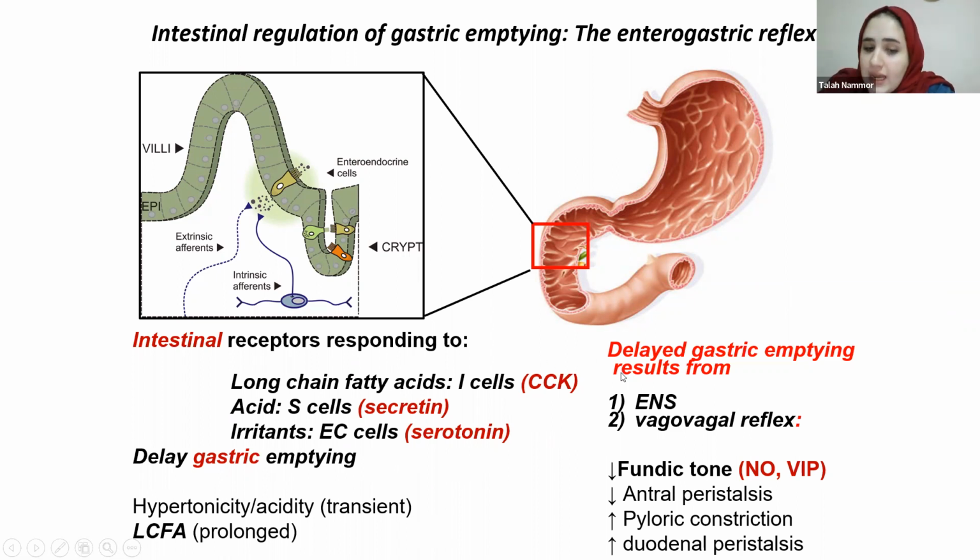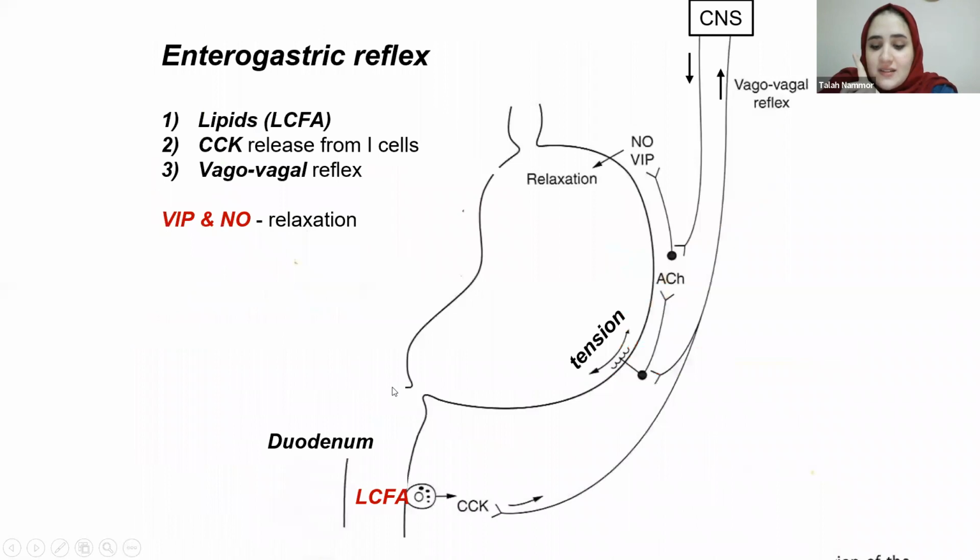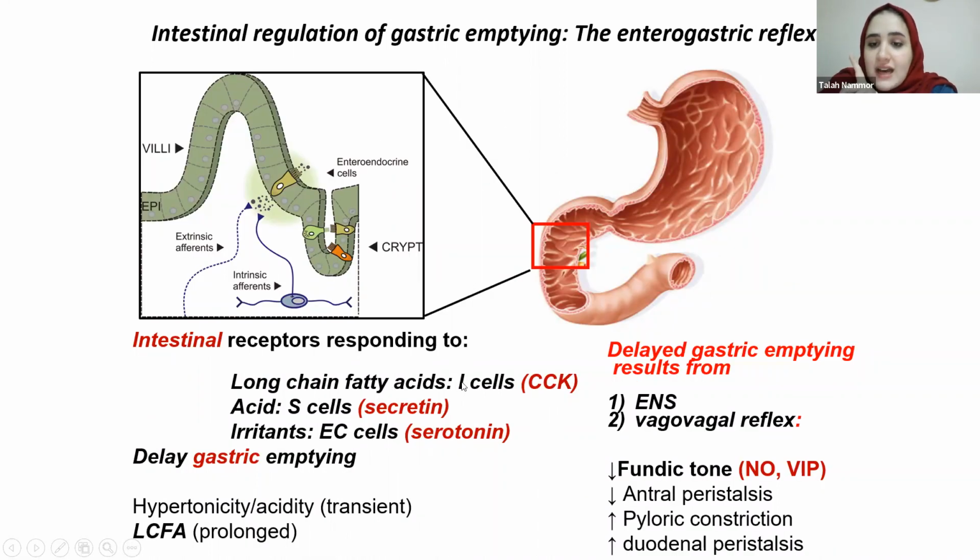You might ask me why: the long chain fatty acids are there for a long period of time. They're not going to get absorbed, they're not going to get broken down, but that's why they are the main powerful thing. Is this clear? And the other ones are just transients. They happen for a while and then they leave. Is it clear, guys?